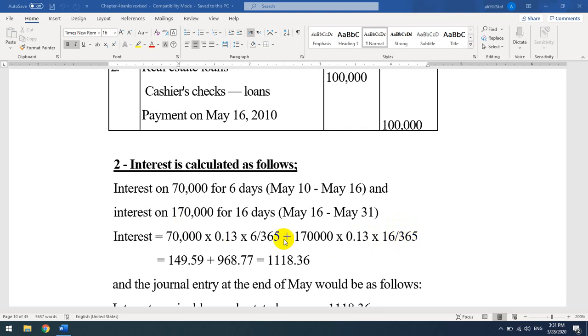If you made these calculations, it's going to give you 149.59 for the first amount.